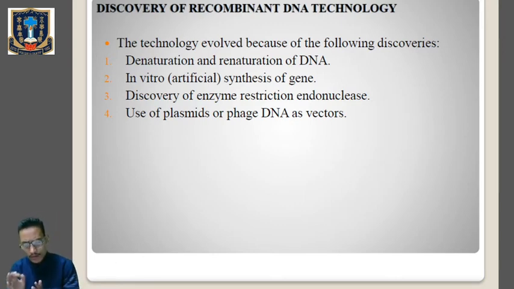So what does denaturation of DNA mean? Listen very carefully. Denaturation means that under laboratory conditions, when we heat the DNA to 90 to 100 degrees Celsius, the bonds between the nitrogenous bases of the DNA break up, and the double-stranded DNA forms a single-stranded DNA.